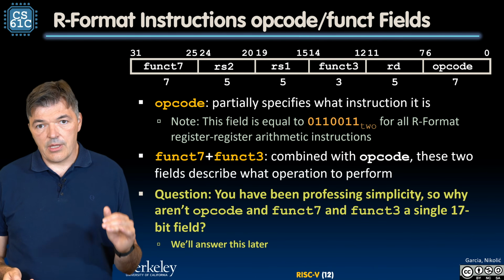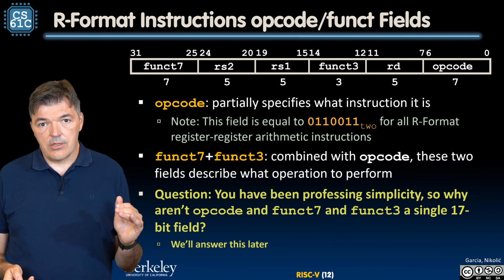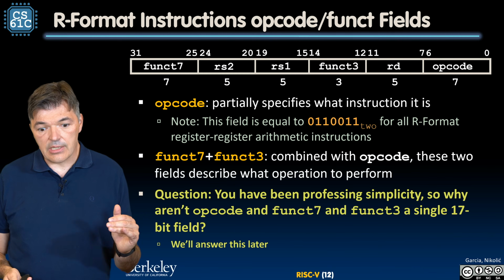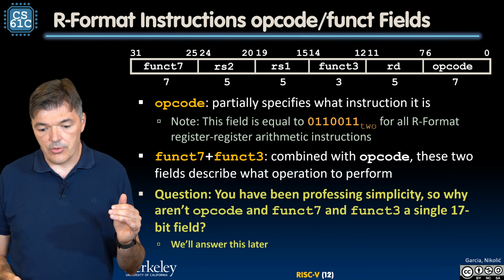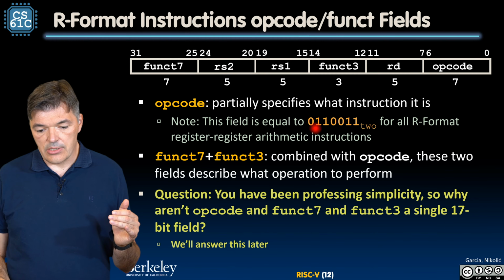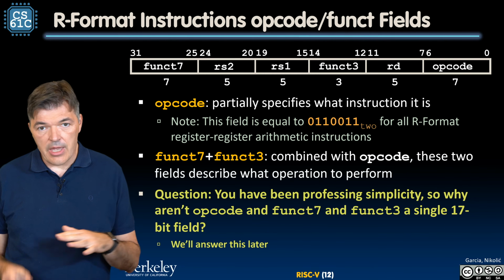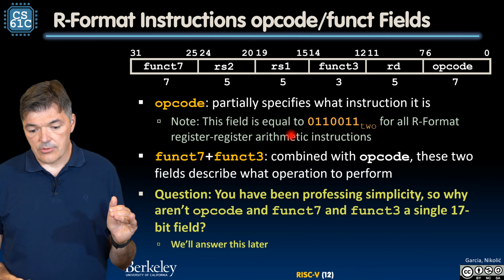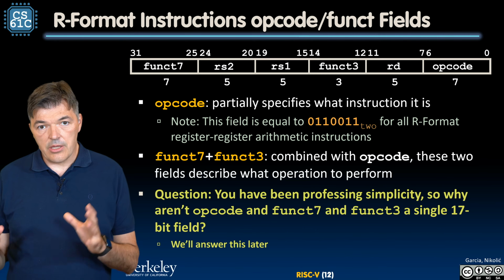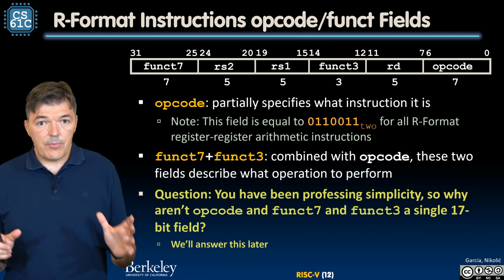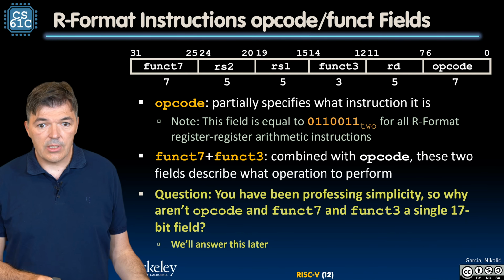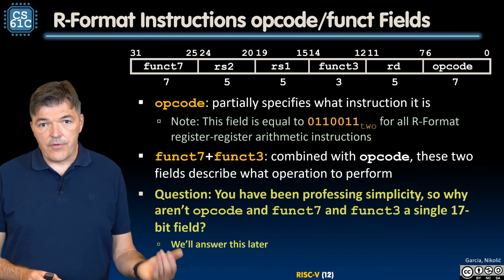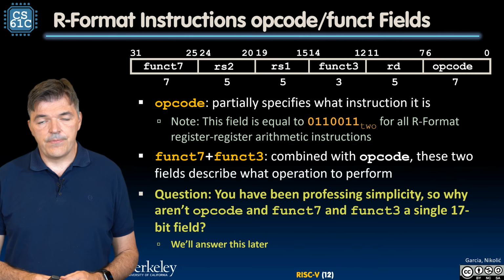Notice one important thing. All instructions that are of R type are going to have the same opcode, 011 0011, every single one of them. That means that different instructions are going to be encoded in the func3 and func7 fields.